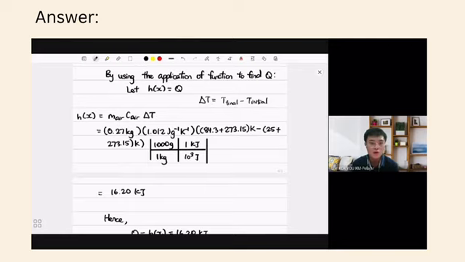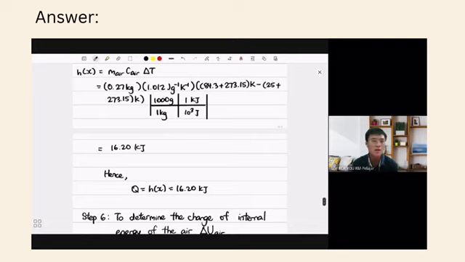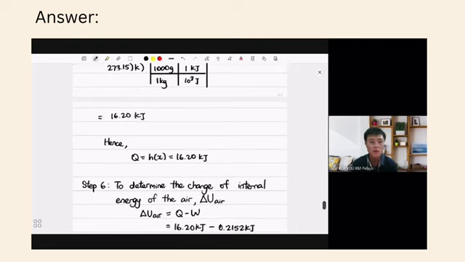And in order to change from joule to kilojoule, we multiply by 1 kilojoule and divide by 10 to the power 3 joule. Then at last, we'll get our answer as 16.20 kilojoule. So hence, our heat transfer equals 16.2 kilojoule.